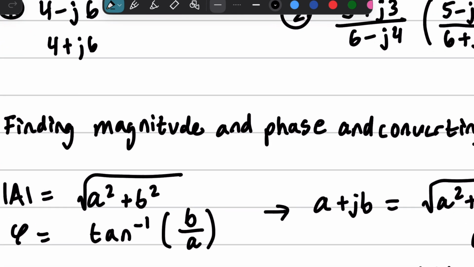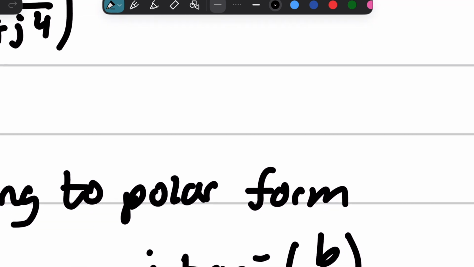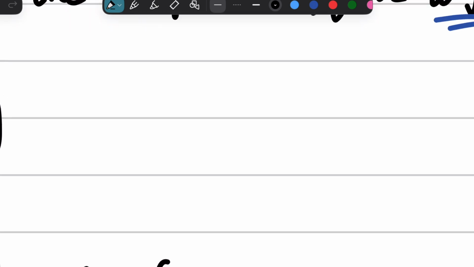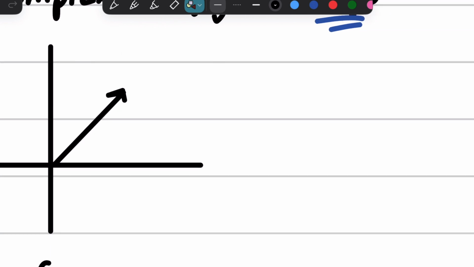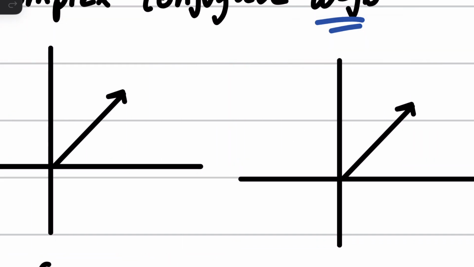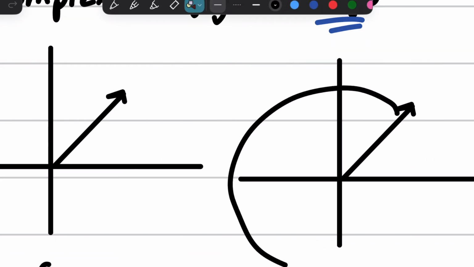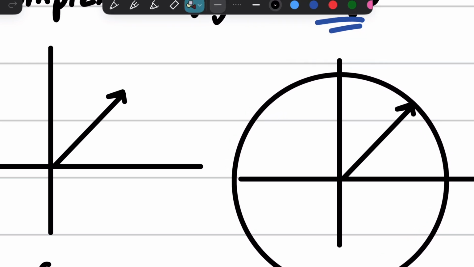Now, the next thing that we have to do is finding the magnitude and phase and converting to polar form. If you remember polar form, we have the Cartesian system, where we graph the vector. Well, we can graph the same vector on the polar grid, and we can look at this in terms of an angle and an amplitude, okay?